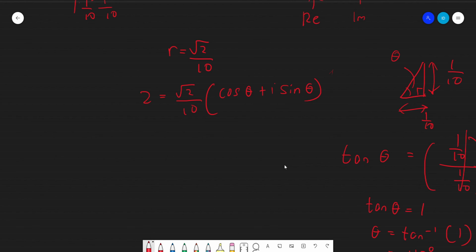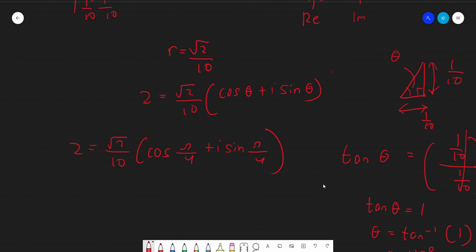But that is for another lesson. For now, let me just finish this expression in polar form. Set 2 over 10 cos pi over 4 plus i sine pi over 4.